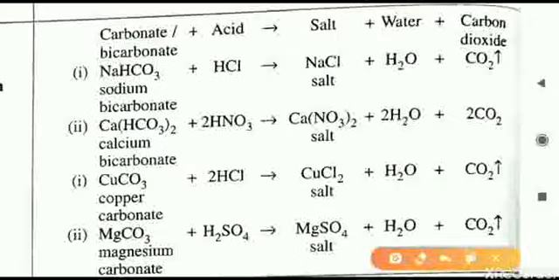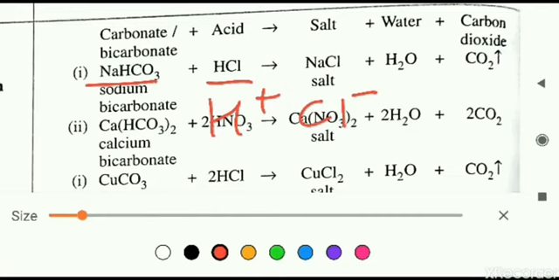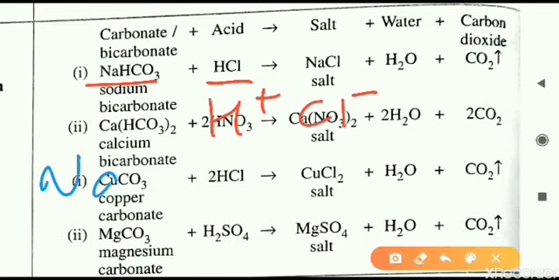Yes, it is given here. Now sodium hydrogen carbonate will react with HCl. What is actually happening here? HCl dissociates into ions H plus and Cl minus. Similarly, sodium bicarbonate also dissociates into two parts: Na plus and HCO3 minus.